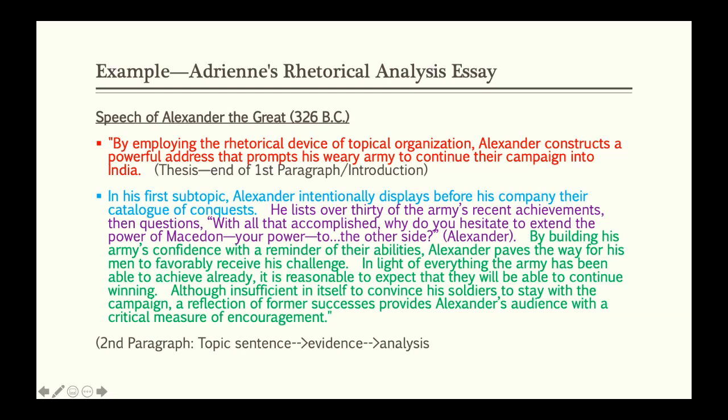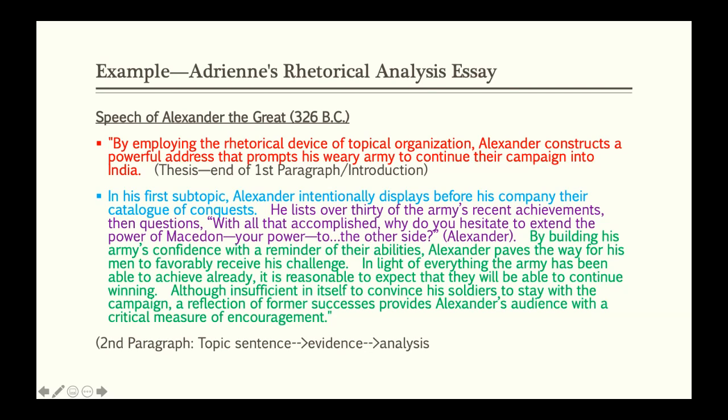And then you go into the evidence. "He lists over 30 of the army's recent achievements, then questions, 'With all that you accomplished, why do you hesitate to extend the power of Macedon, your power, to the other side?'" Alexander, make sure to cite your evidence, of course. And then we go to the analysis. "By building his army's confidence with a reminder of their abilities, Alexander paves the way for his men to favorably receive his challenge.